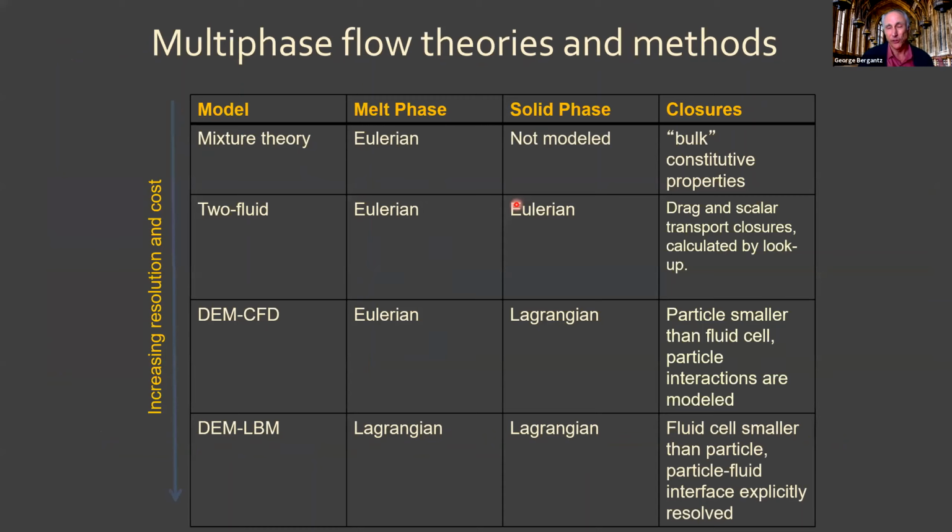There are a number of theories available and modeling approaches one can use. I'm not going to go through all of them. They go from the simple, which was kind of the old school because we didn't have computers and we didn't quite have the theory, to more complex. The one I'm going to show you examples from is what we call the Eulerian-Lagrangian. The fluid is modeled as a continuum. The particles are modeled as particles.